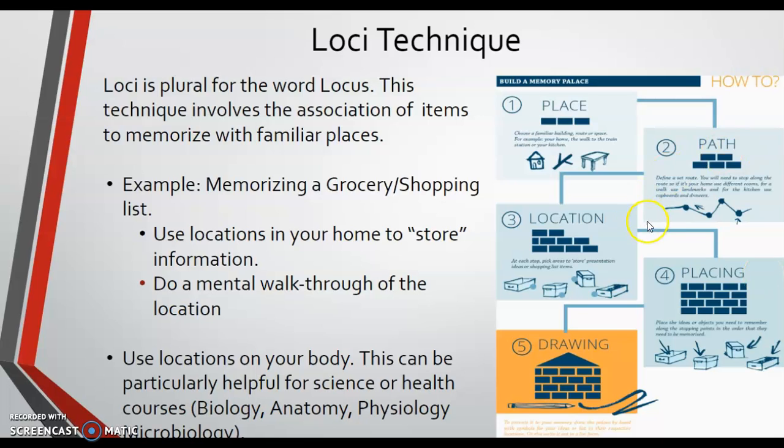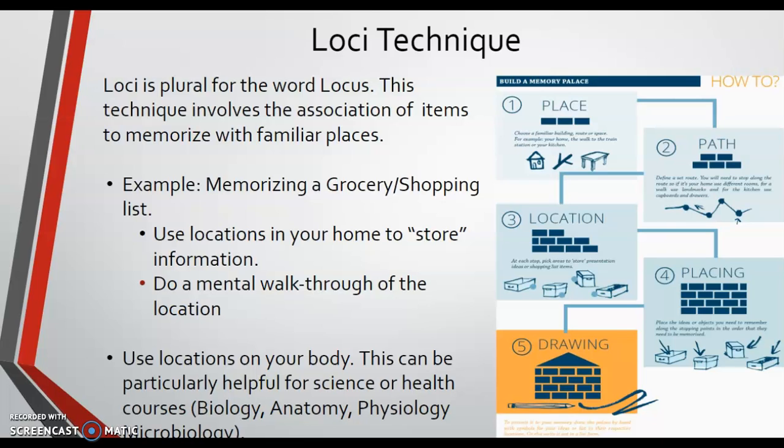On the right-hand side here, you'll see a diagram of the different steps that you can follow to build a place for you to store that information through the loci technique. First, you want to have a place. You're building a memory place. In this example of memorizing a grocery or shopping list, you can use your home as that place.